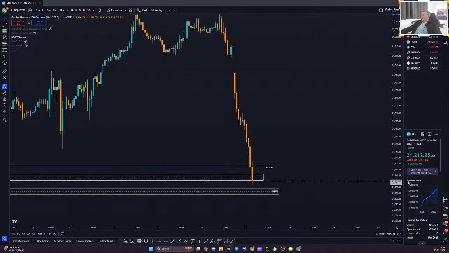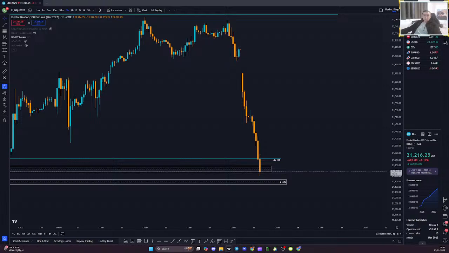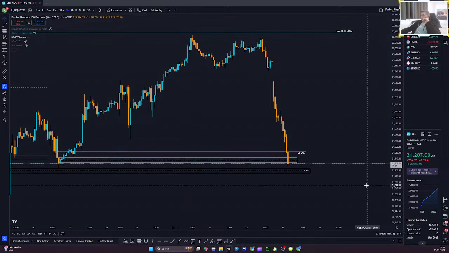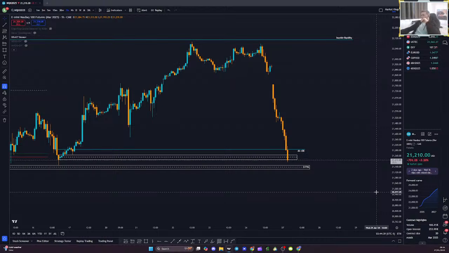Nasdaq just dropped lower. Yes, it did. I mean, for now we need to wait another 15 minutes for this hourly to close.